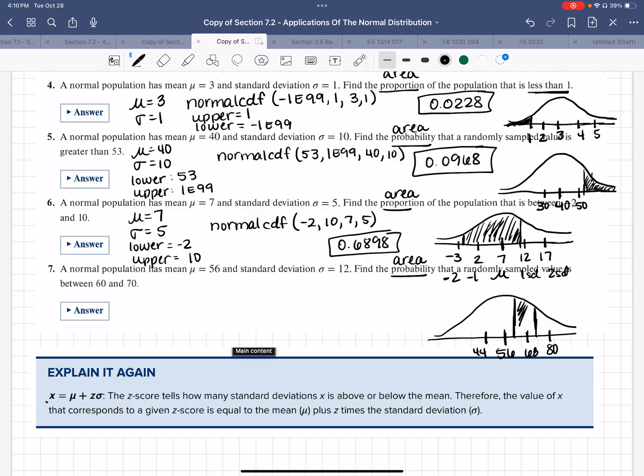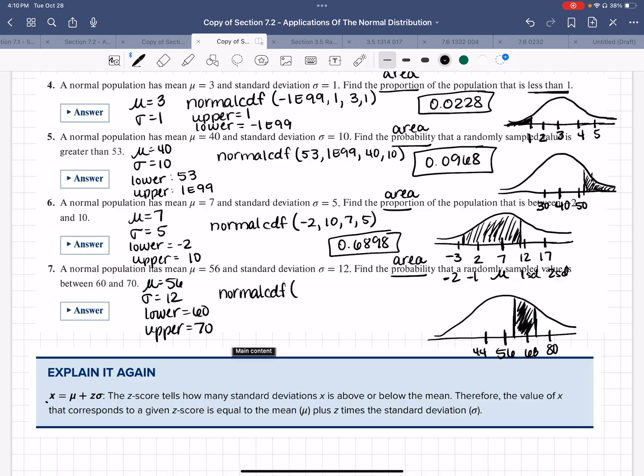About right here. Okay. So my average is 56. My standard deviation is 12. Okay, my lower is 60. My upper is 70.